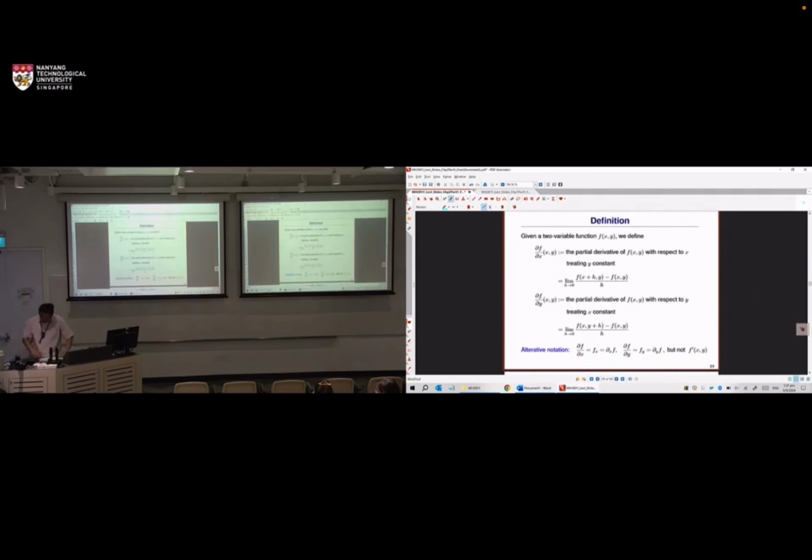So this is the upgrade version, from single variable to two variable function. Now we no longer say df dx or df dy. Now that you see the symbol in front, we call it del f del x.